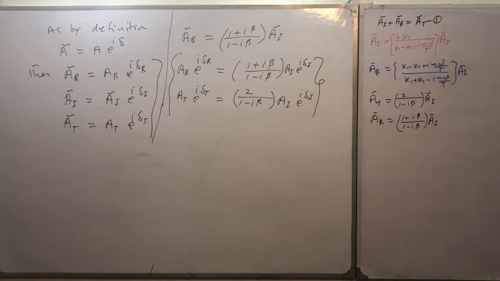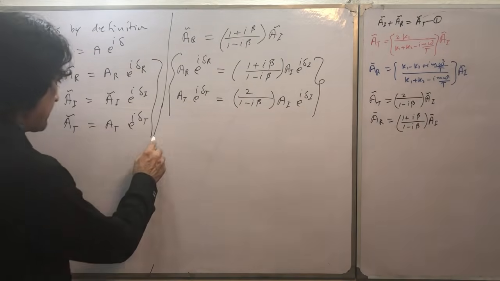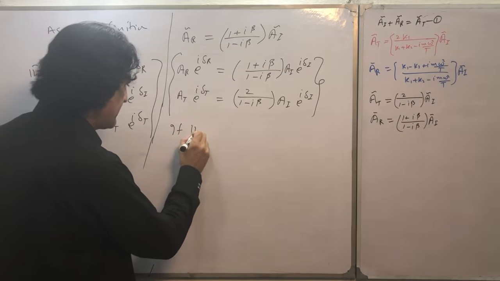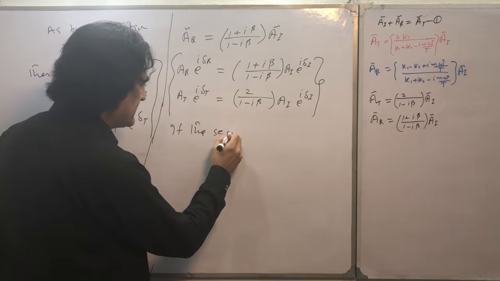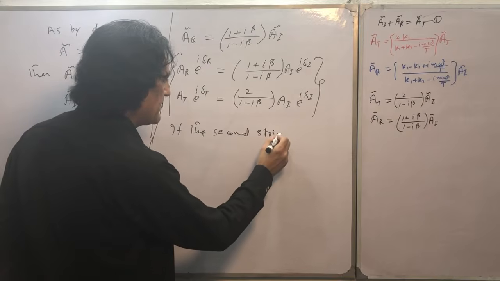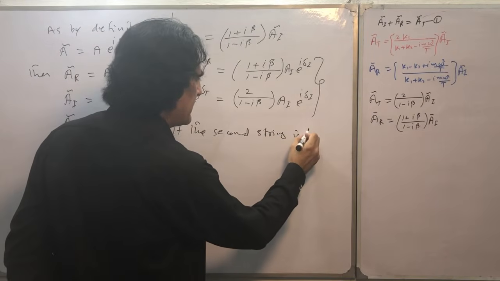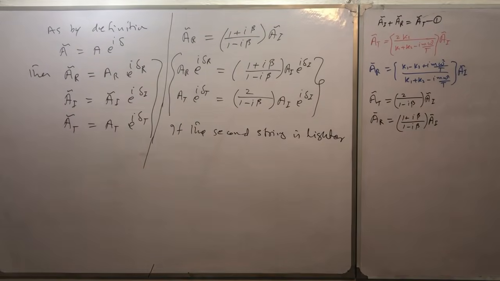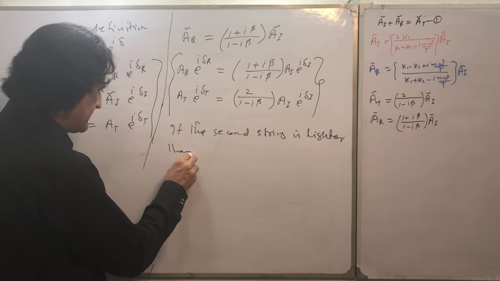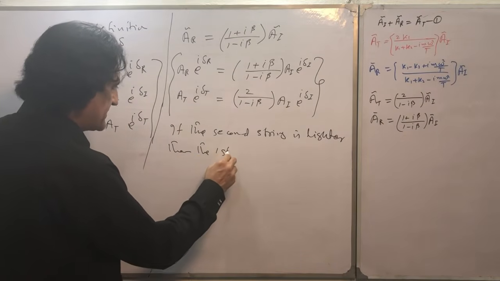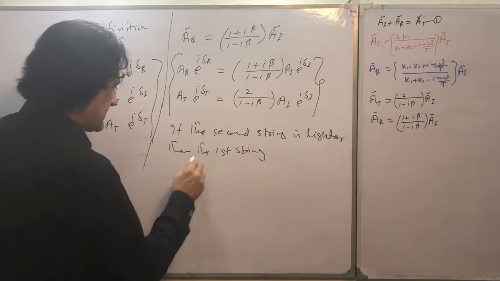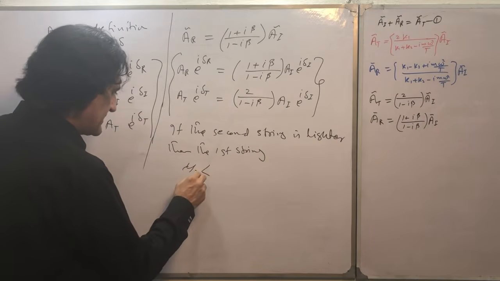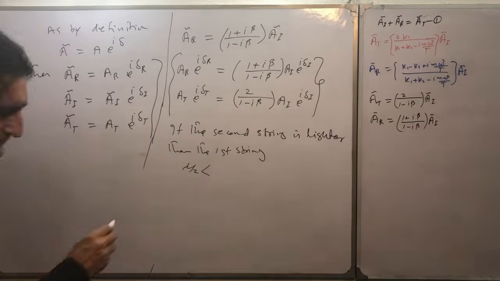If the second string is lighter, then mu2 is less than mu1.